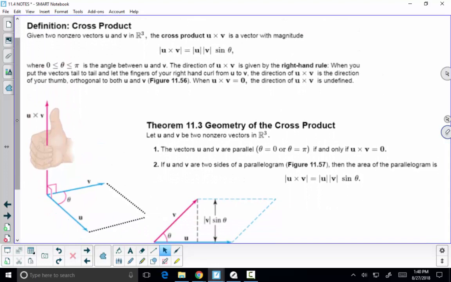Okay, so that's the geometry of the cross product. It's a vector that points perpendicular to the two vectors you start with. And then here's our formula that relates the magnitude of the cross product. The magnitude of the cross product is going to be the length of u times the length of v times the sine of theta. So very close to the dot product, sine instead of cosine.